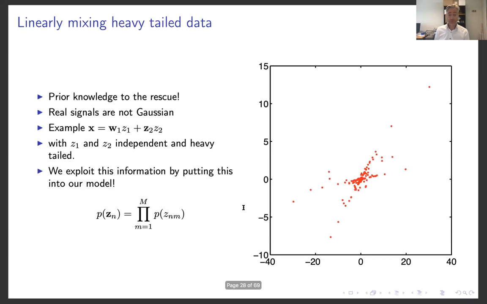So we can make a small example here and simulate two heavy-tailed signals, C1 and C2, and have some two W vectors, W1 and W2.